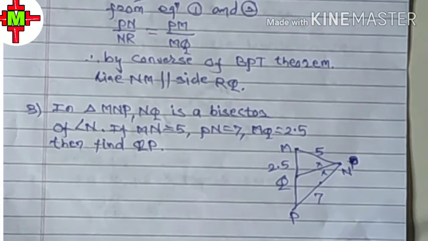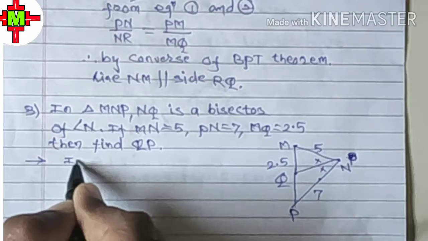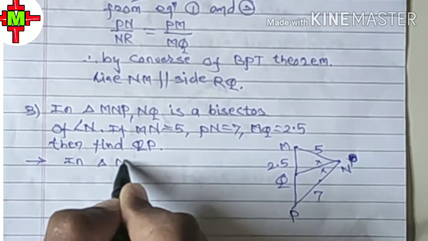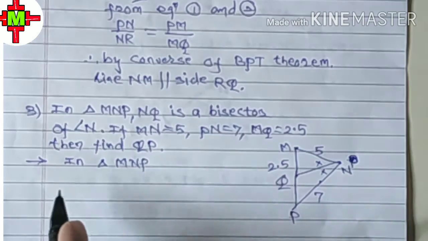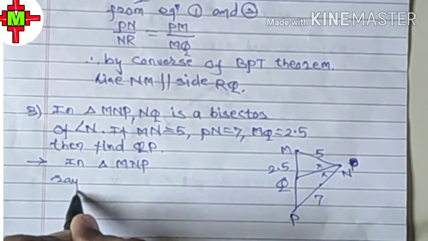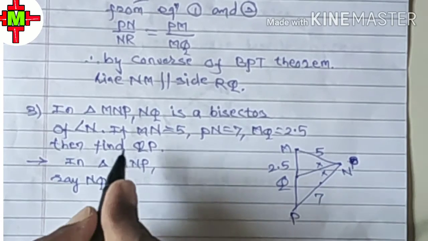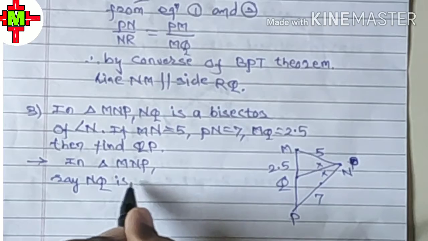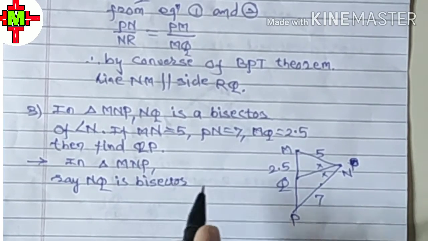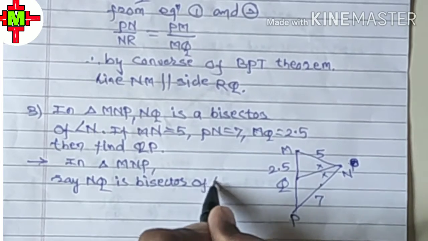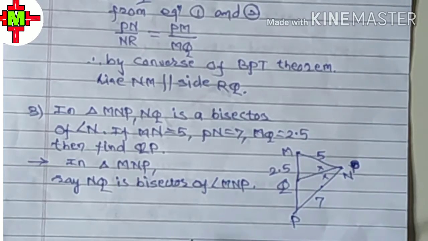In triangle MNP, ray NQ is bisector of angle MNP given.